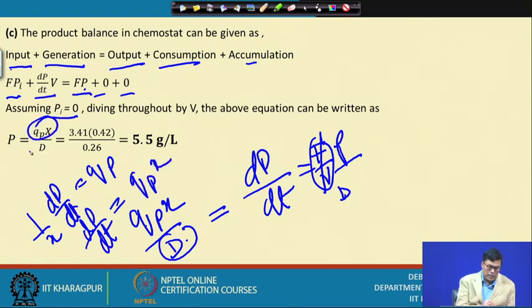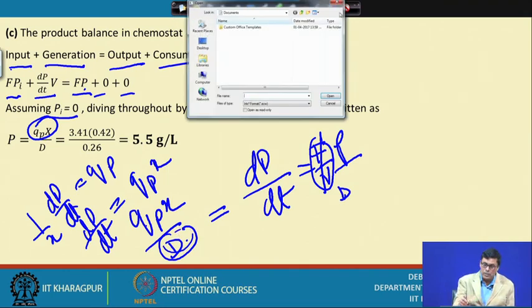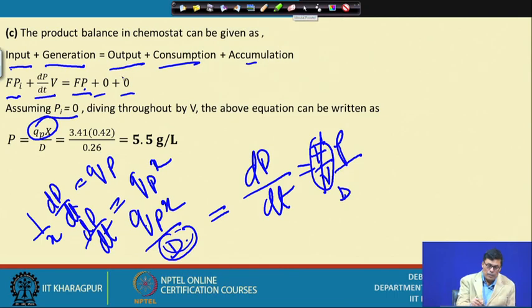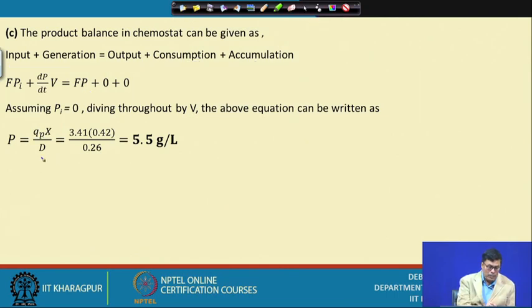So that is what is written, and D will be coming from here, and then we can come across this equation, and we can solve this and find out the product concentration. So, it is not very difficult.